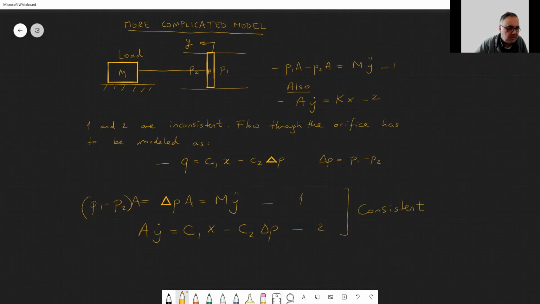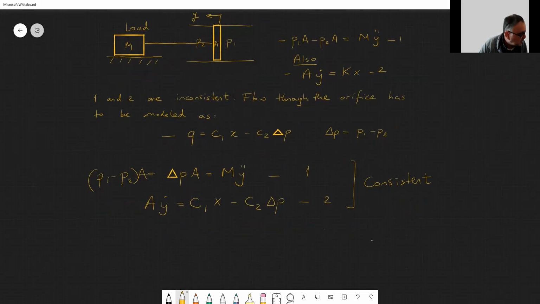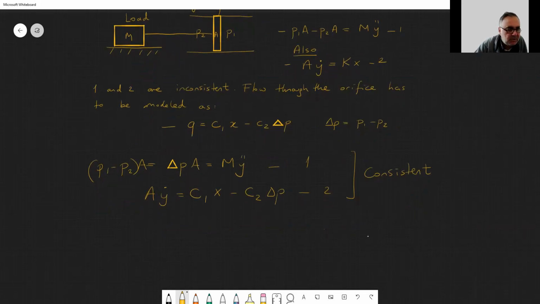Because now delta P can be modeled. How do you do it? Delta P, for example, from the first equation, is M over A y double dot, and you can put it into the second equation. A y dot will be C1 x minus C2 times M over A y double dot.